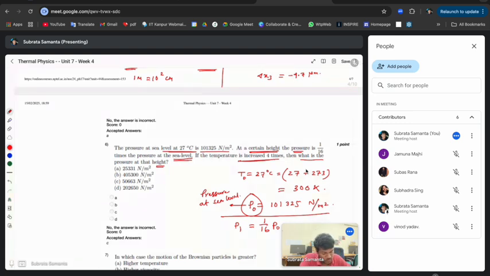So read the question carefully. The pressure at sea level is given, and we have to calculate the pressure at some height from the sea level. Let's say H1 is the height.